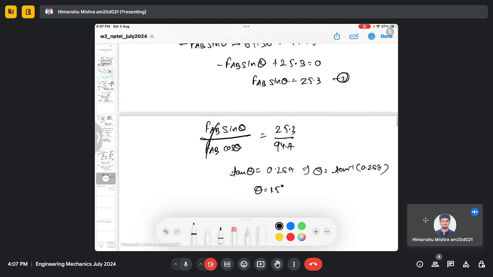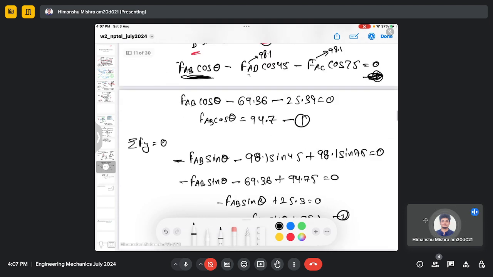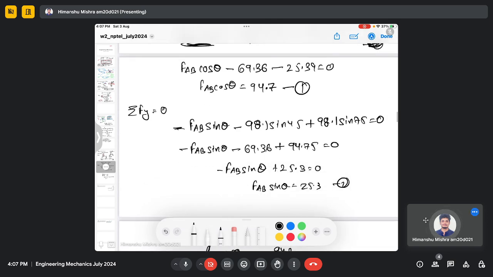So you got theta, then you can use it in either equation 1 or 2 to calculate force AB.